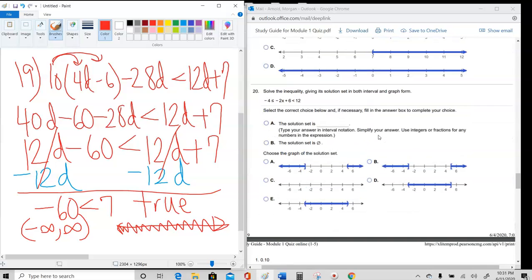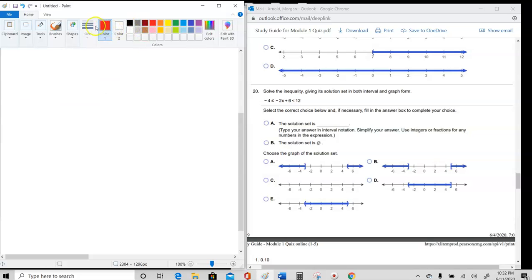The last question on the study guide for the Module 1 quiz, we have to solve a 3-part inequality and give the solution set in both interval and graph form. So we have the 3-part inequality given here.